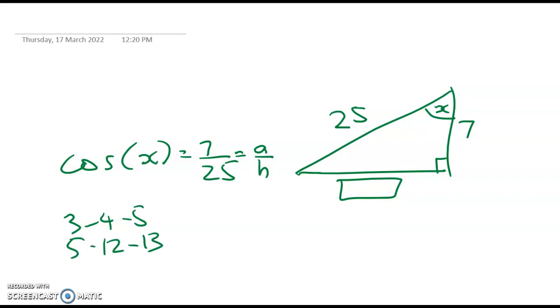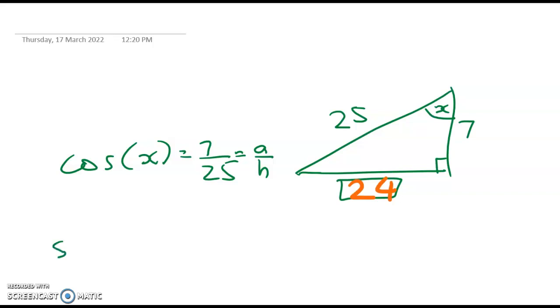This one is probably the third best known, and you can figure it out for yourself. 25 squared minus 7 squared leaves us with 576, which is 24 squared. So we've got a side length here, which is 24. And once we know that, that means we can find all of the trig ratios for that triangle.